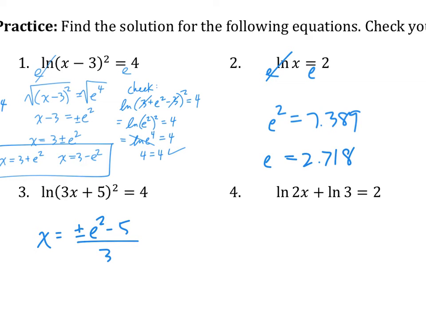So there are two answers that work. Number 4, x is equal to e squared over 6. Okay? Does it matter if negative 5 and 3 is before the plus minus, or does it have to be? Like, could it be negative 5 plus minus e squared?